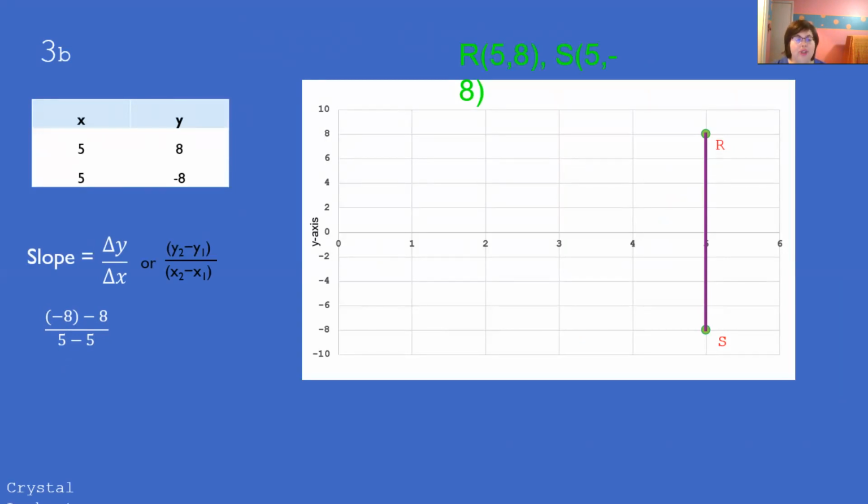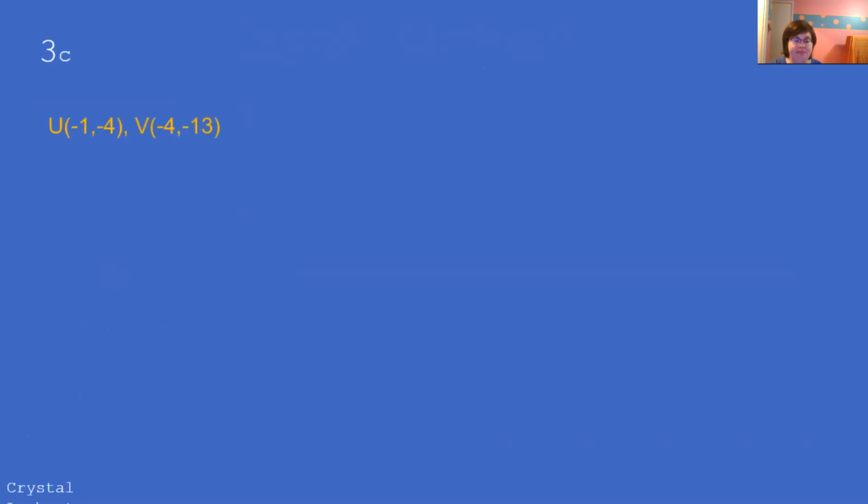So when we do write it out like we would normally do, the change of y over the change of x, well, what we notice is our change of y is negative 16 and our change of x is 0. We can't have 0 as a denominator. So that means our slope is undefined. So anytime you have an undefined slope, it is a vertical line. And I guess you could say it the other way. Any vertical line is an undefined slope.